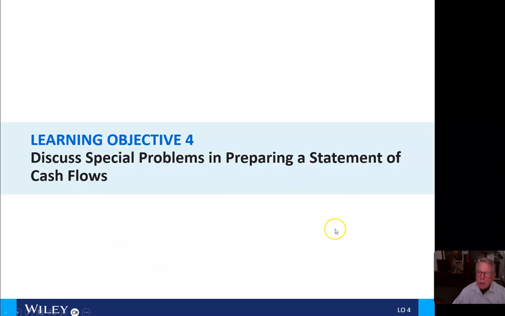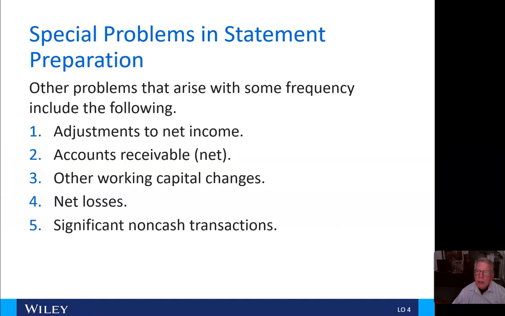All right. So, special problems in preparing the statement of cash flows. There are other problems that arise with some frequency that include the following. Number 1, adjustments to net income. Number 2, accounts receivable net. That means the allowance for doubtful accounts has been subtracted, as you would know. Number 3, other working capital changes.